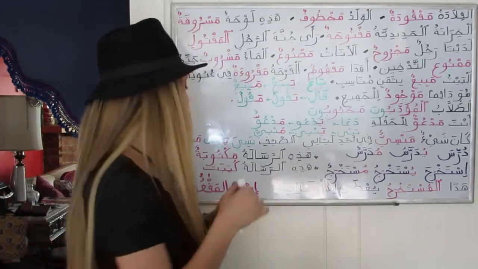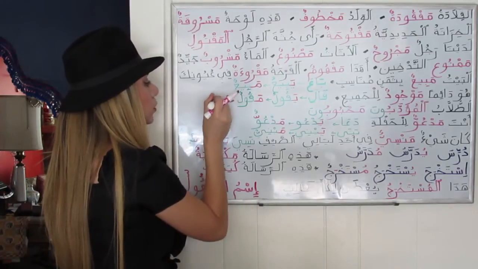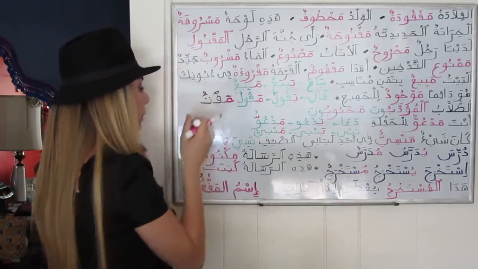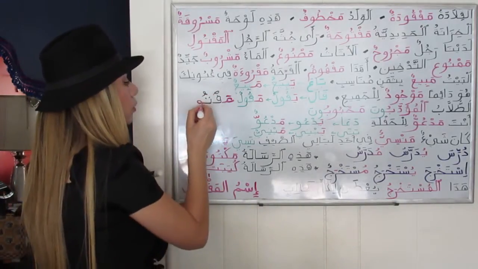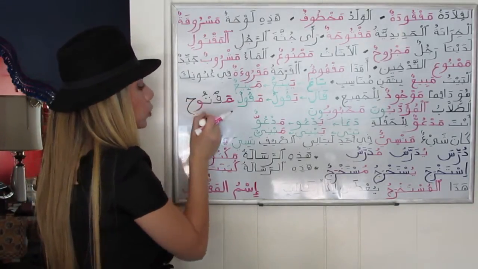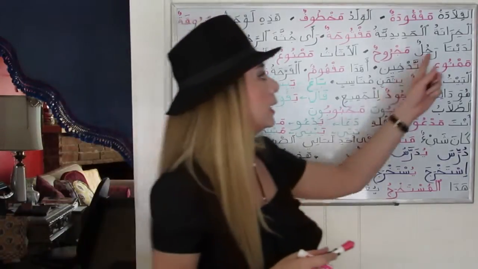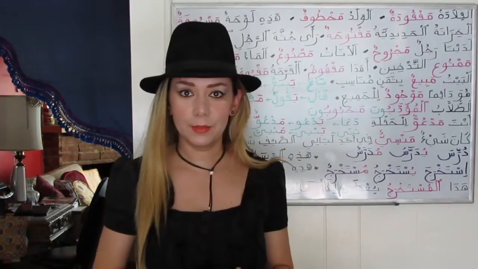Alright, same thing. So we have the mim, the first radical with sukun, second radical with dhamma, followed by the long vowel waw, and ha, مفتوح, open, masculine. Here مفتوحة because الخزانة is feminine.